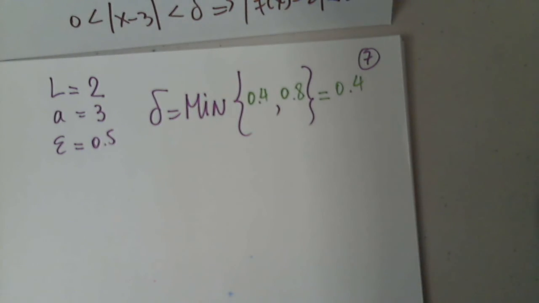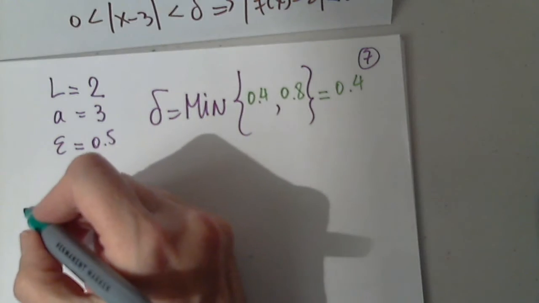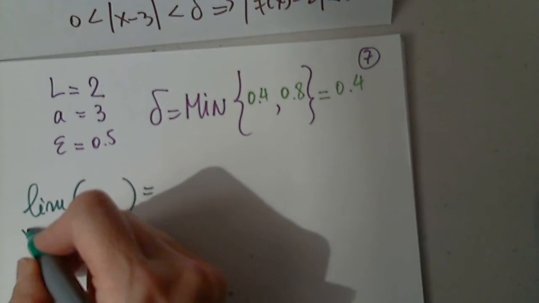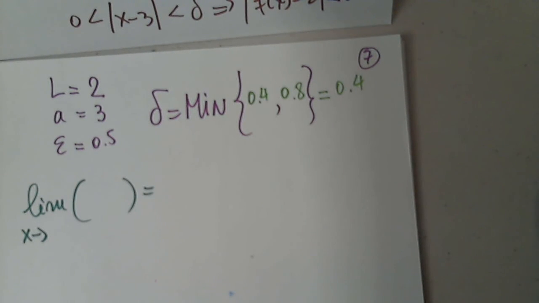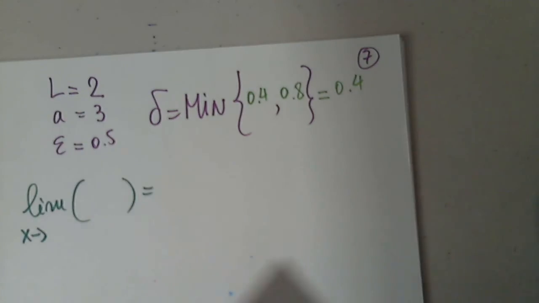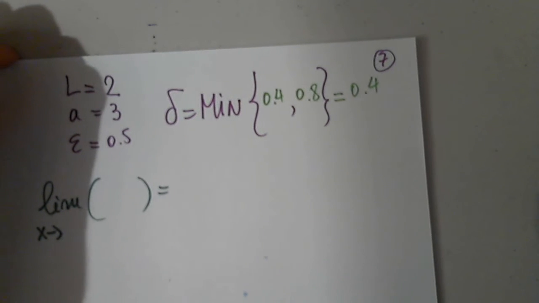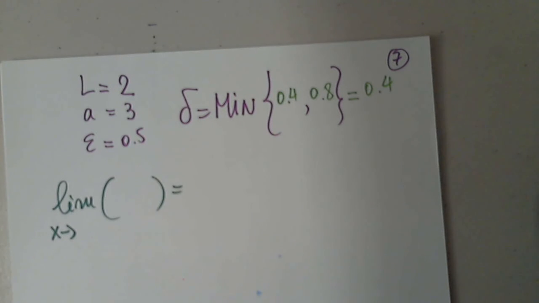Great job. Now, how do we do this in general without numbers? So let's look at a limit. Give me a linear function. Any linear function you can think of. And let's calculate a limit and then prove it using the epsilon delta definition. A linear function, anyone.